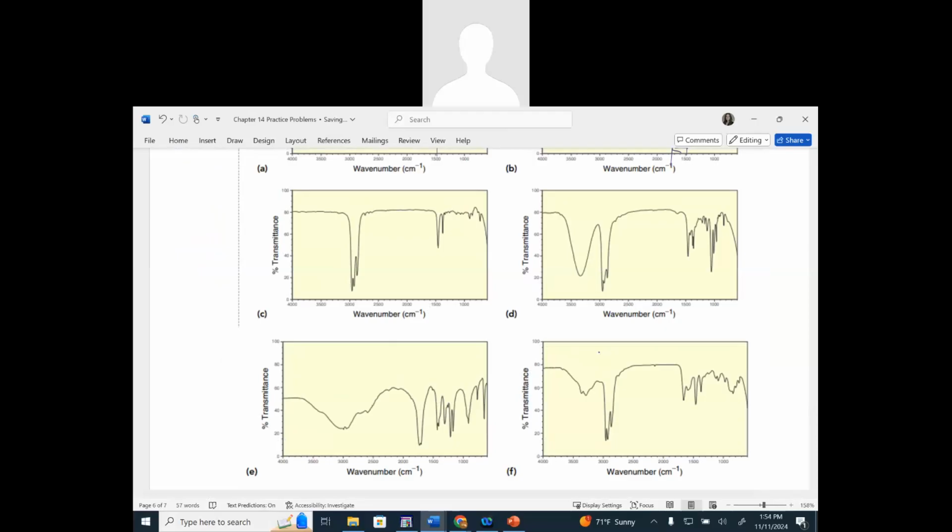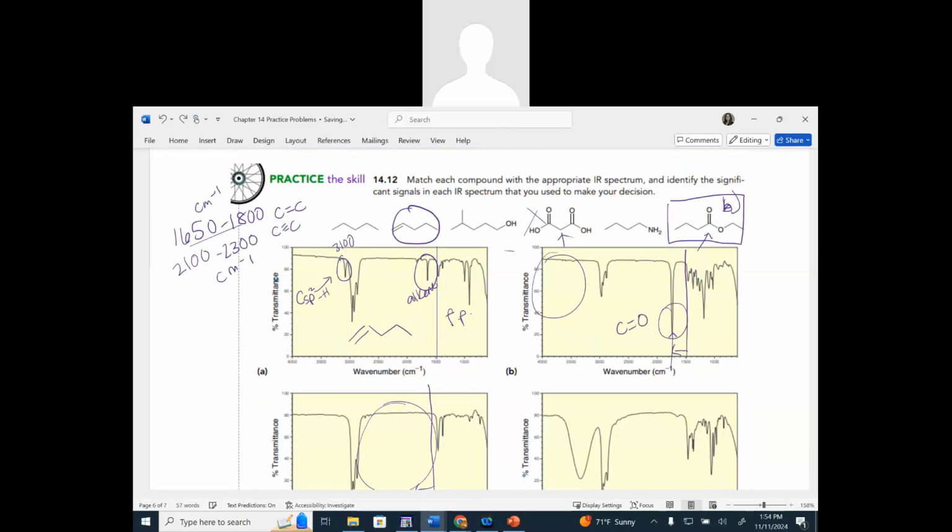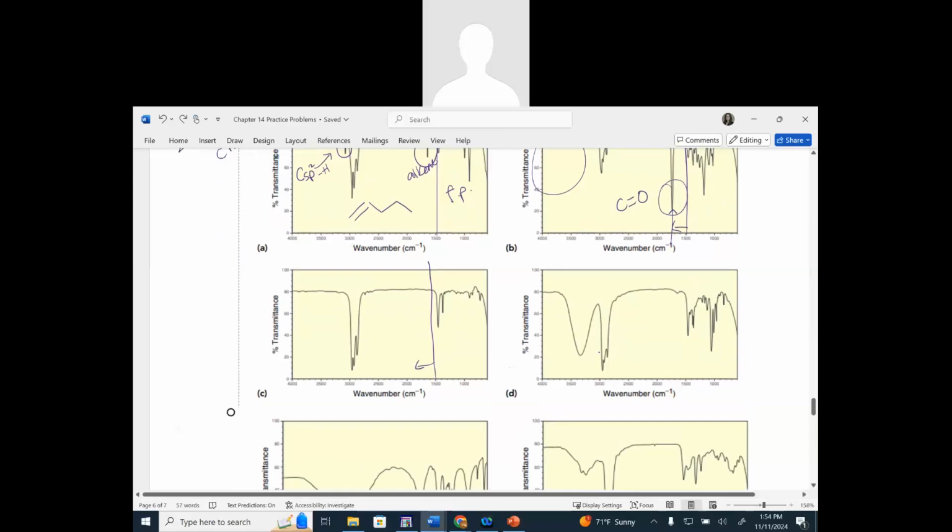So let's take a look at the spectrum for C here. We draw our 1500 line once again, and we look to the left. So what do we see here? There are no characteristic signals in this region for any of these functional groups that we're familiar with. So we would expect this to be an alkane.